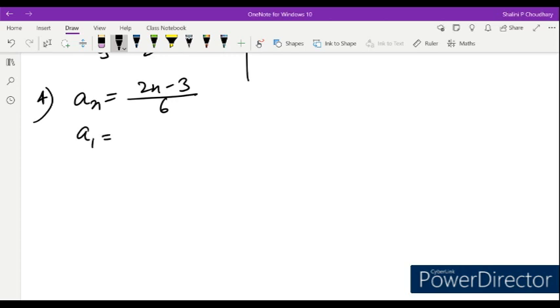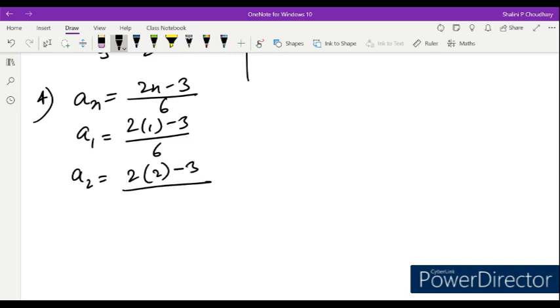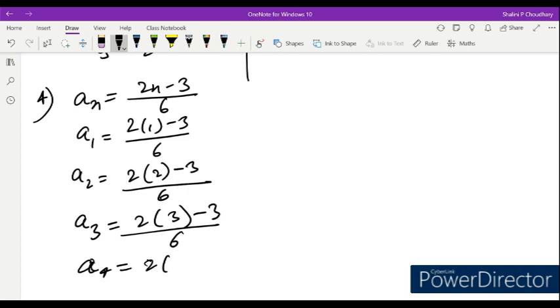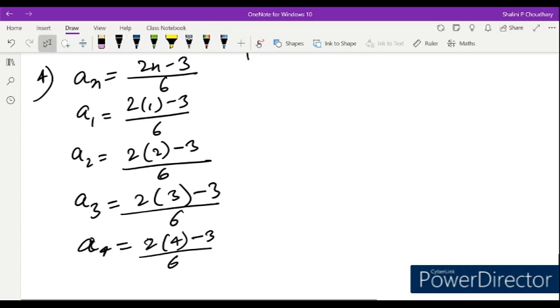So a1 will be equal to 2 into 1 minus 3 upon 6. a2 will be equal to 2 into 2 minus 3 upon 6. a3 will be equal to 2 into 3 minus 3 upon 6. a4 will be equal to 2 into 4 minus 3 upon 6, and a5 will be equal to 2 into 5 minus 3 upon 6.